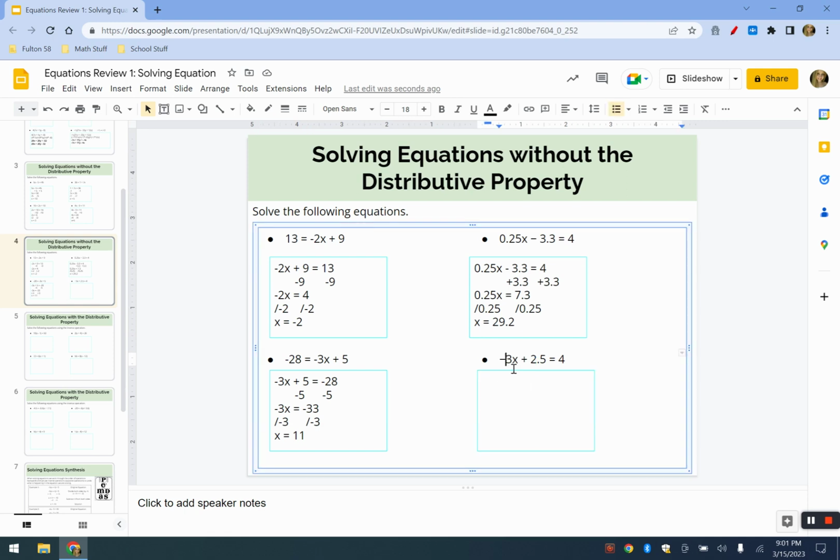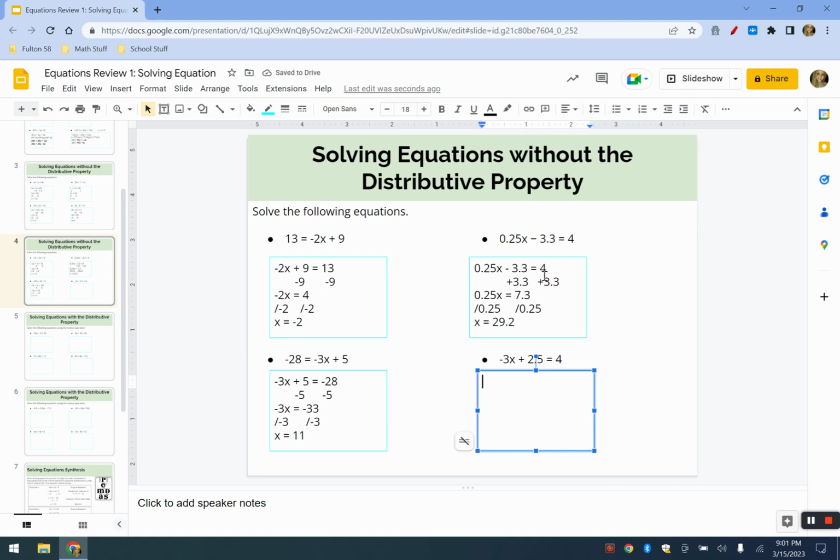And last one, I'm just going to change this real quick because I don't like it. It needs to be smaller. There we go. Alright, so last equation on this slide is negative 3x plus 2.5 equals 4. Start by getting rid of plus 2.5 by subtracting 2.5.